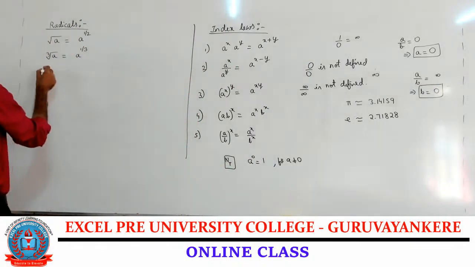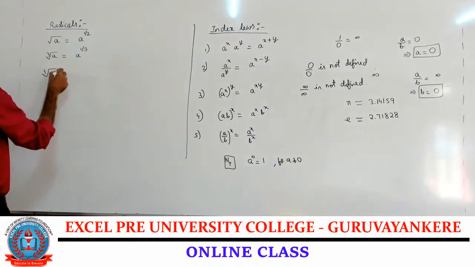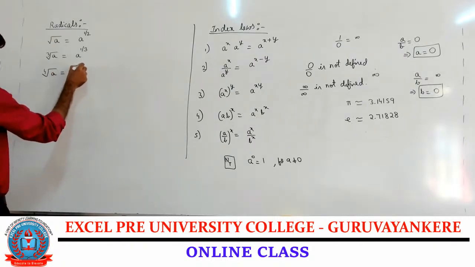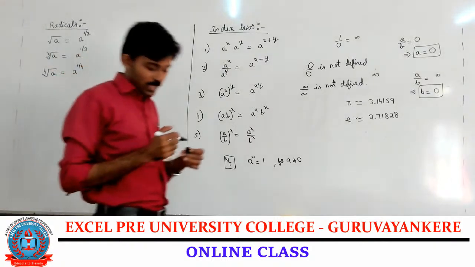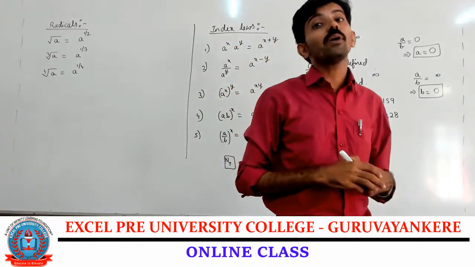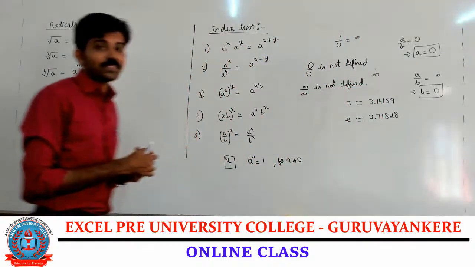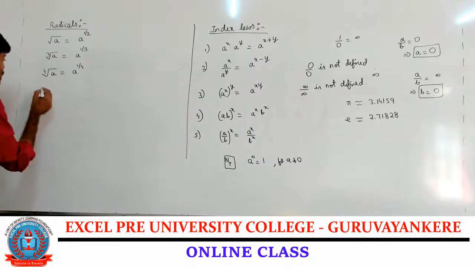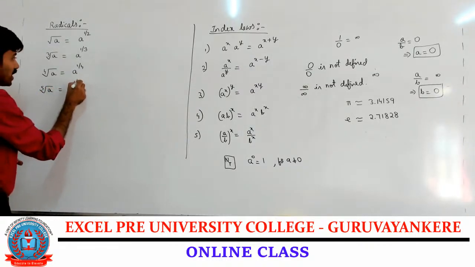Fourth root of a is a power 1 by 4. Fifth root of a is a to the power 1 by 5. All these basics you must know.